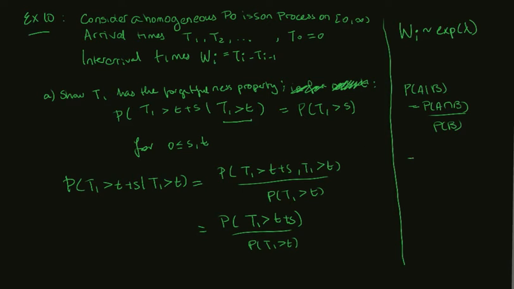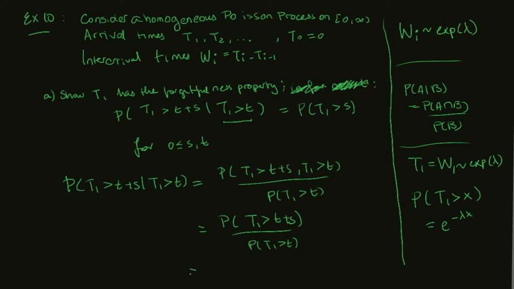Now recall that t1 is the same as w1, which is exponentially distributed with parameter lambda, which also means that the probability that t1 is greater than any value x is given as e to the minus lambda x, because that is the survival function of the exponential distribution with parameter lambda.